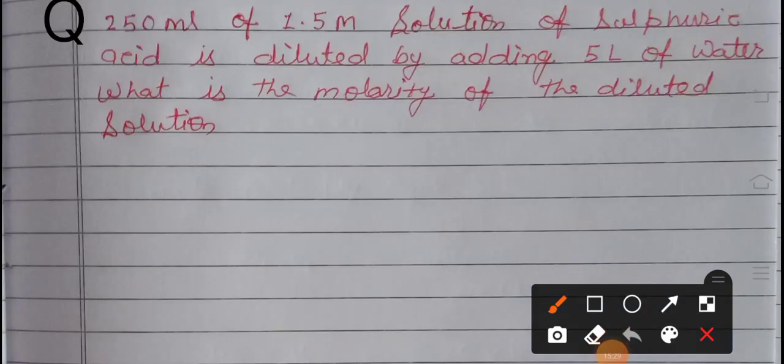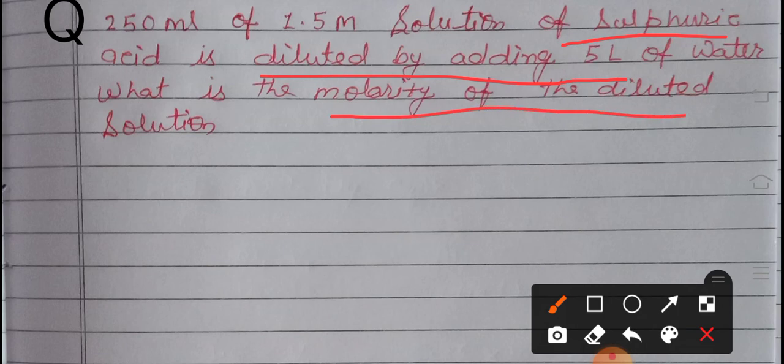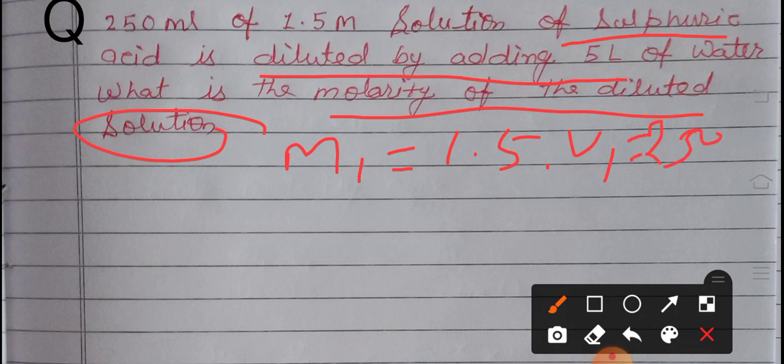Okay, next question. 250 ml of 1.5 M solution of sulfuric acid is diluted by adding 5 liter of water. What is the molarity of the diluted solution? In this question, M1 equals 1.5, V1 equals 250 ml, M2 equals question mark.